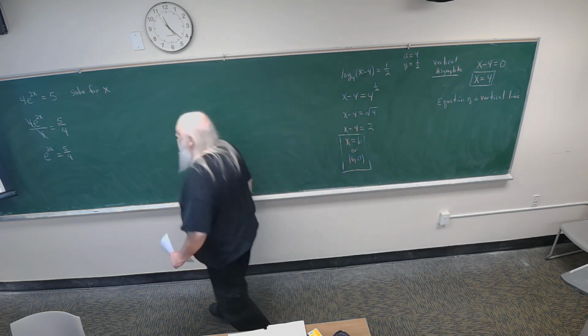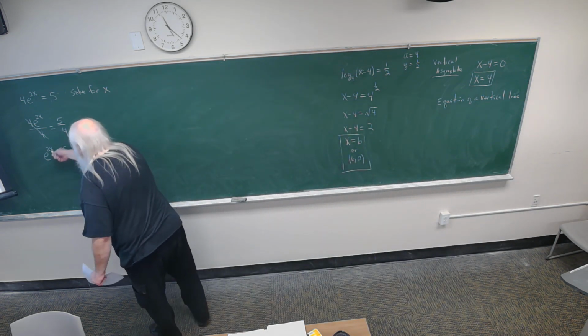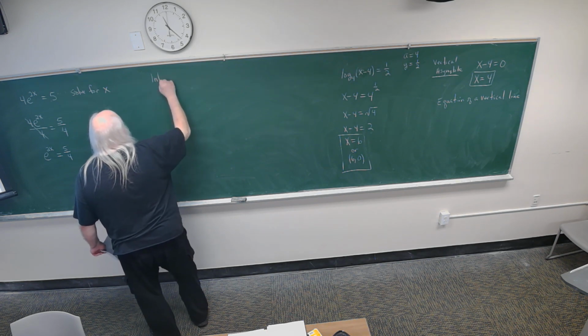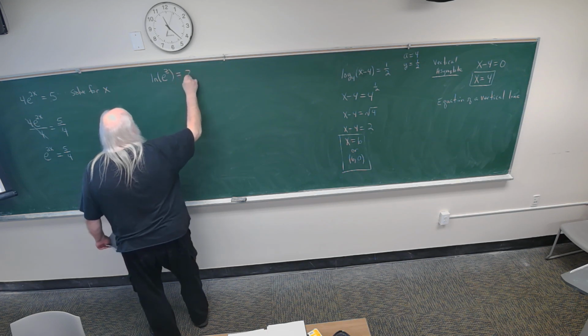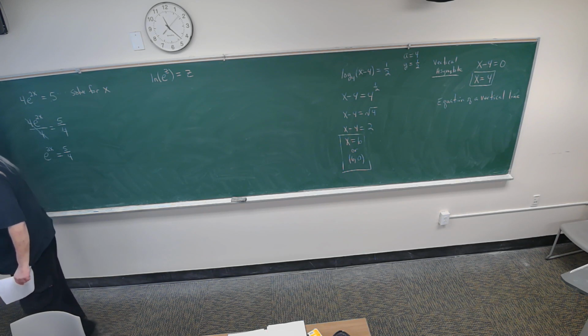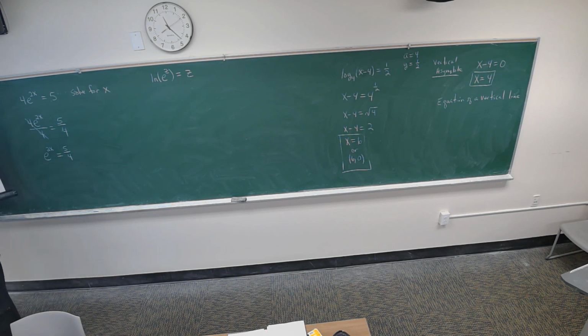So we got 2x in our exponent. So we can write that property as the natural log of e to the z power is just equal to z. Okay? z is just a dummy variable, just like x is a dummy variable here.